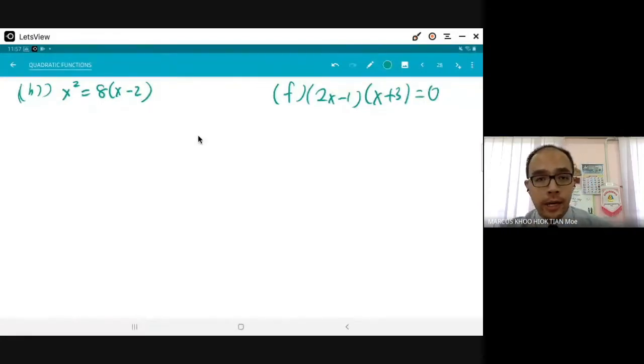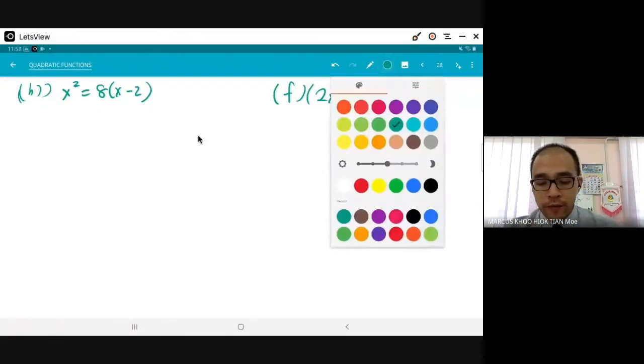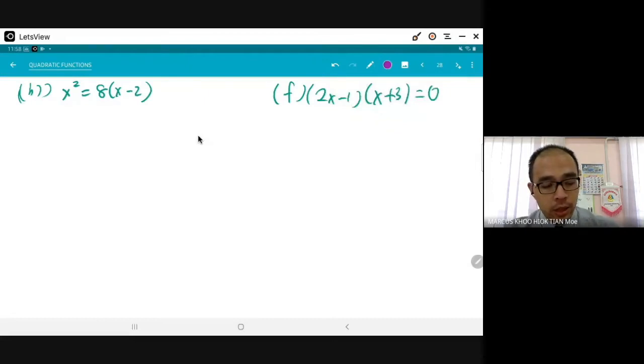Okay, just double check. I want to make sure that you have the correct A, B, and C. So here we multiply it in, you get x squared equals 8x minus 16. But I want everything equals to 0. So x squared minus 8x plus 16 equals to 0.